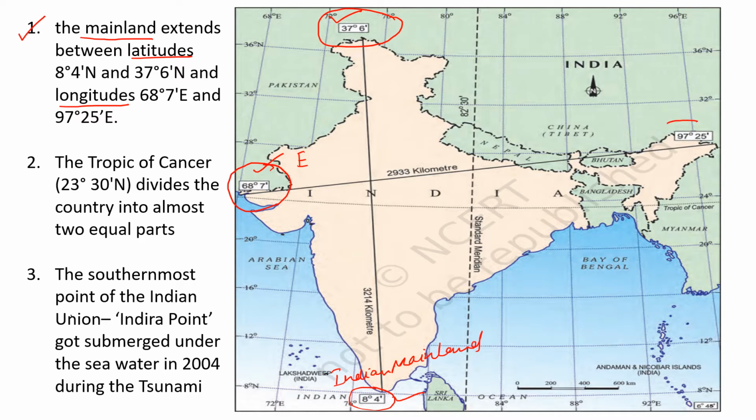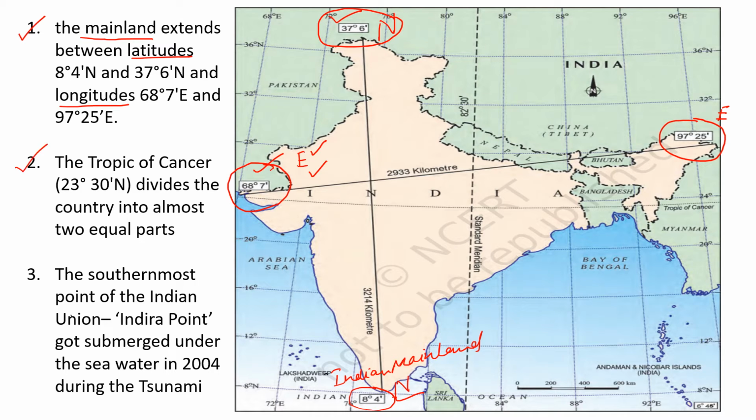So: 8 degree 4 minutes north latitude, 37 degree 6 minutes north latitude, 68 degree 7 minutes east longitude, and 97 degree 25 minutes east longitude.